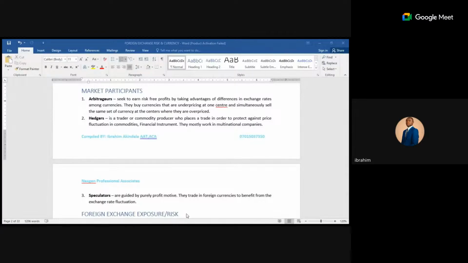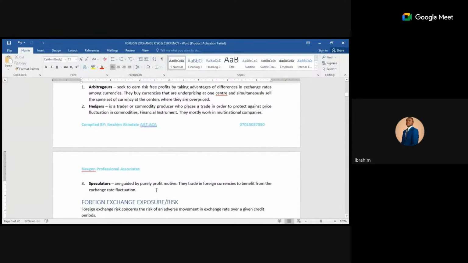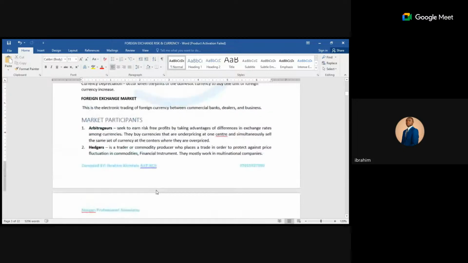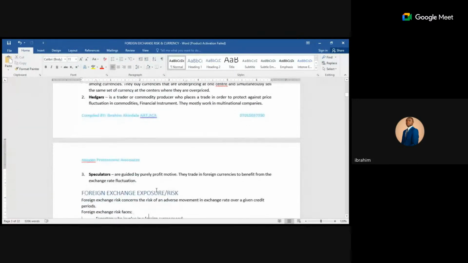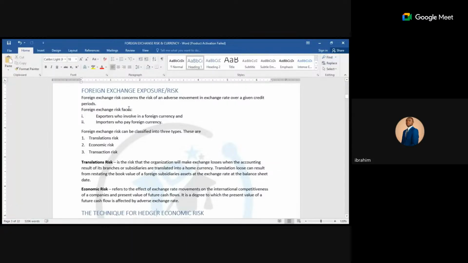There's one thing we also need to talk about if time permits. So hedgers protect their investments against fluctuation of commodities. So these are market participants. Now, our focus: foreign exchange risk.